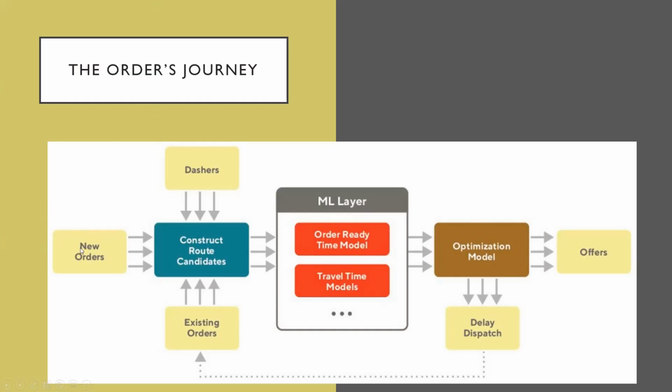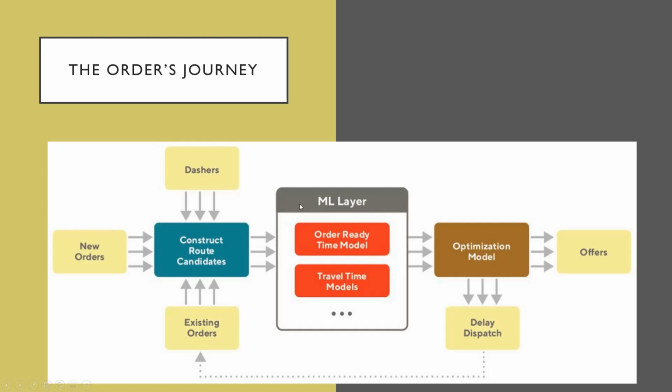So here's a new order coming in. Okay, so we've got dashers, we've got some existing orders, and then here's new orders. So the first part of the process is going to construct some candidates, route candidates. So it takes into account the dashers, the new orders, and existing orders.